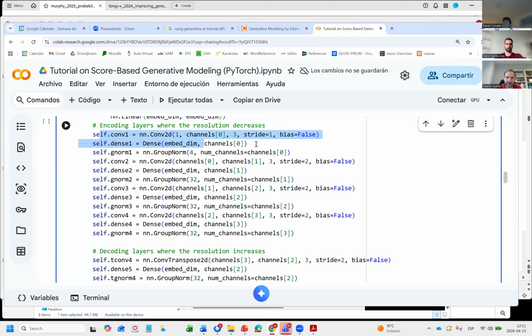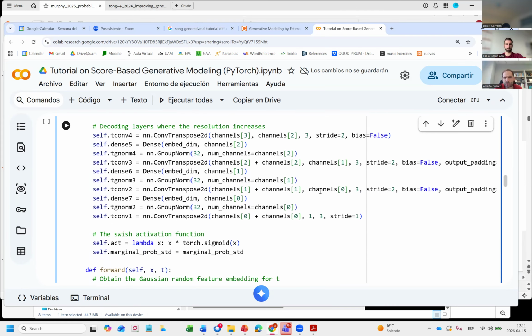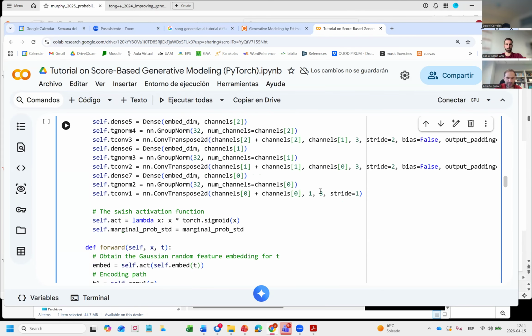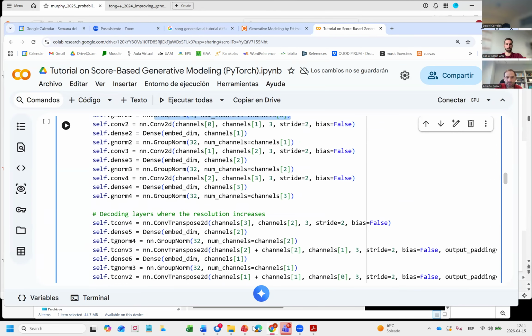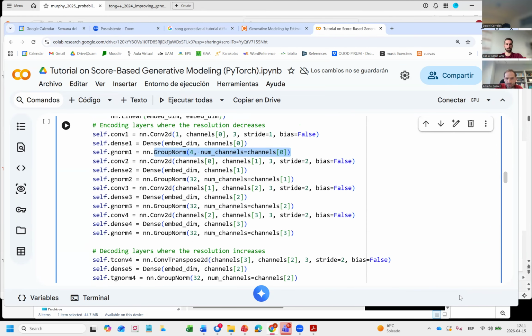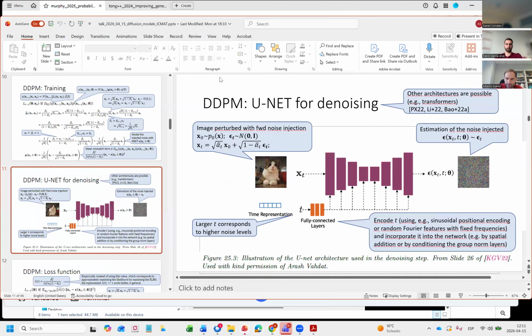That could be one way of incorporating the information about time. Another way is to modulate the group normalization layers, which is a little bit more sophisticated, apparently. I don't have much experience with which architectures work better. So that would be a typical UNet that you would be using to this end.